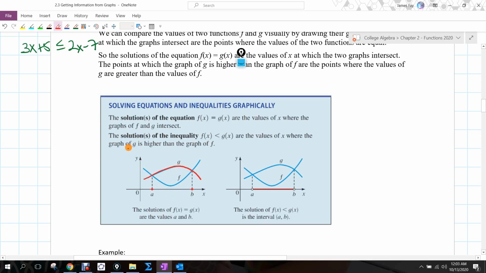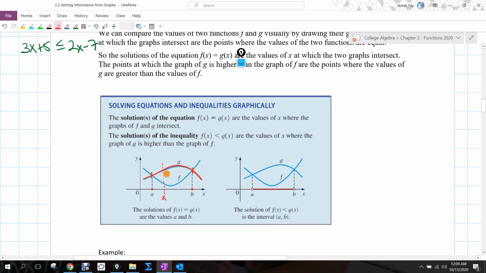I know automatically here that an x value of a and an x value of b is where these two things are equal. If I look in between a and b, and put an arbitrary x value in here and compare the y value off of g to the y value off of f at this x value, f is below g.